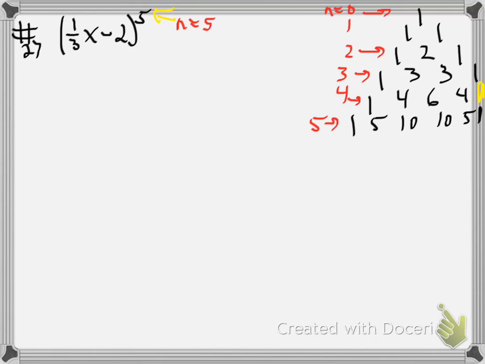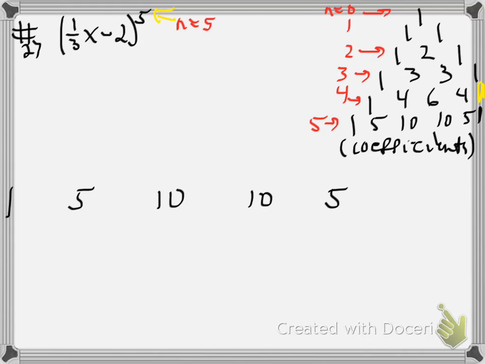And this is going to tell us our coefficients. That's our coefficients. So I know my coefficients are going to go 1, 5. Let's go backwards here. Leave some more space. 1, 5, 10, 10, 5, and 1.